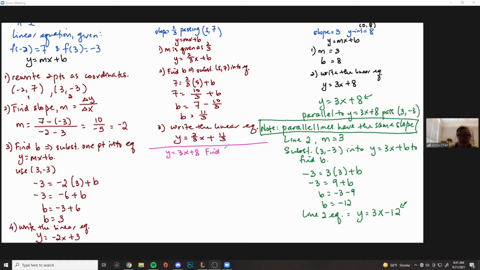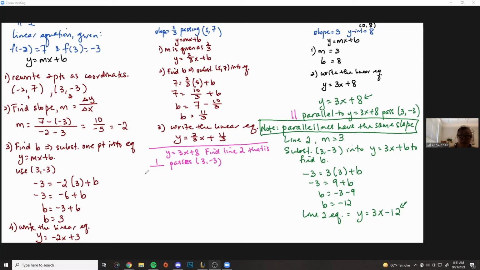Find line 2 that is perpendicular. This is a sign for perpendicular. And this is a sign for parallel. Okay, perpendicular, passing through 3, -3.